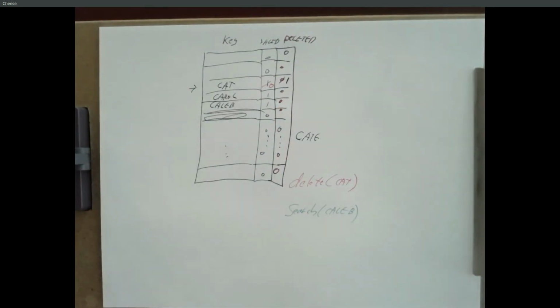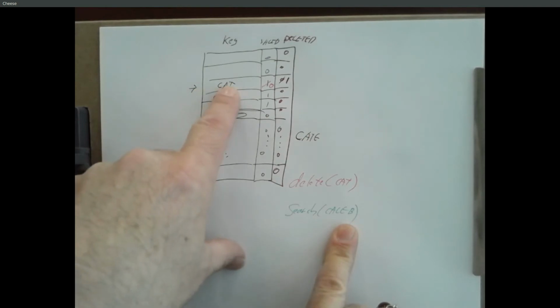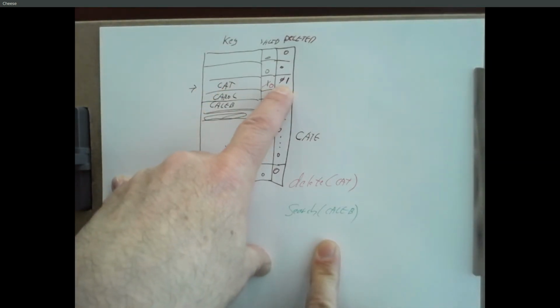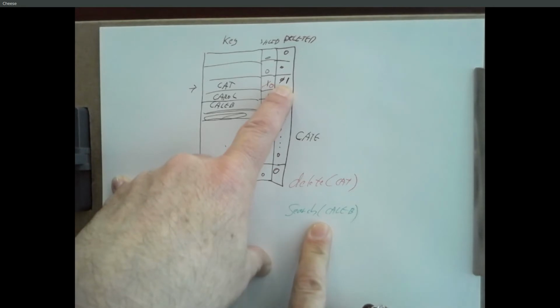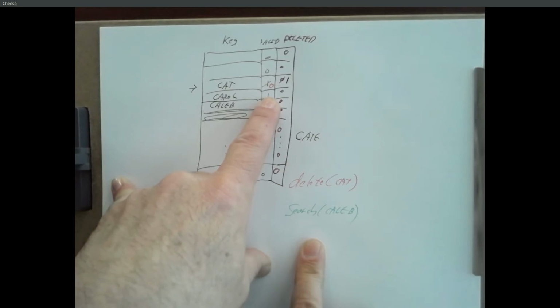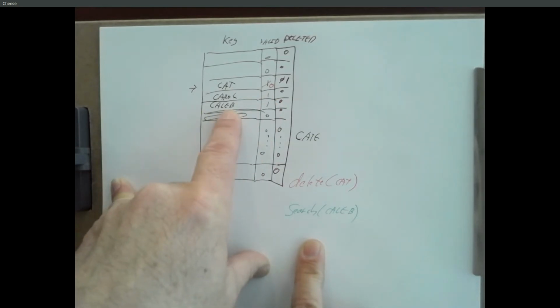And that's our reminder when we go back to search that there used to be something in here. So now we search for Caleb. We come to location 3, we check that. There's nothing in there. Was there something? Yes. So now we know that when we stored Caleb, we might have had a collision. Let's check the next location. That's occupied. Check the next location. Hey, there's Caleb.